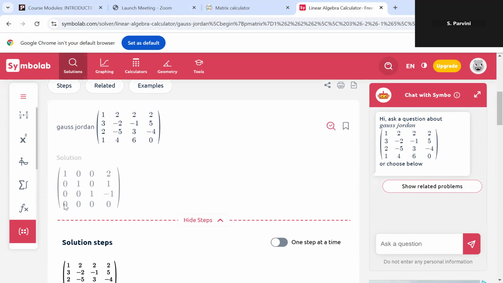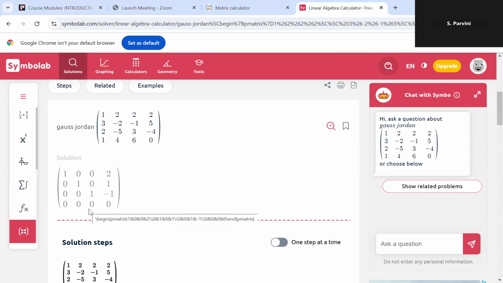Now look at this last row of this matrix. You see that 0, 0, 0, 0. What does that tell us? What does that mean when you have a row of zeros? This was a matrix for 4 equations, 3 unknowns. Remember, if you have more equations than unknowns, that means your equations are redundant, right?